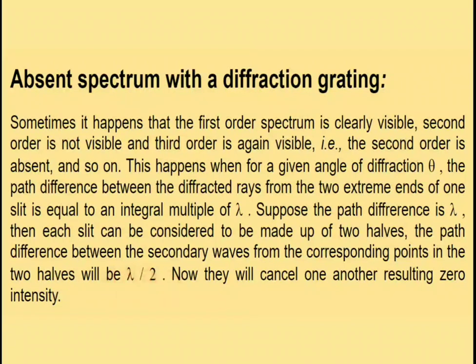Now they will cancel one another, resulting in zero intensity. In that case we cannot observe the second order. But this condition is not suitable for the third order, so again the third order is visible. So in this case the second order is the absent spectrum.